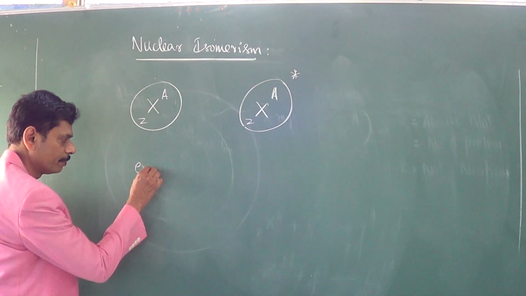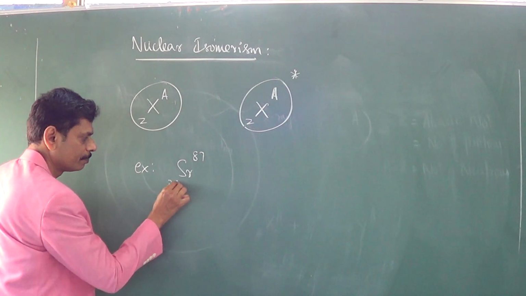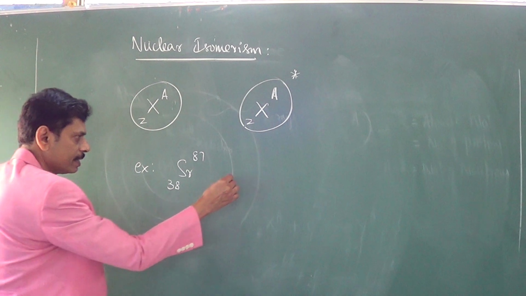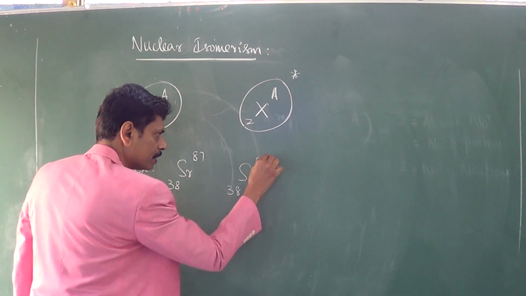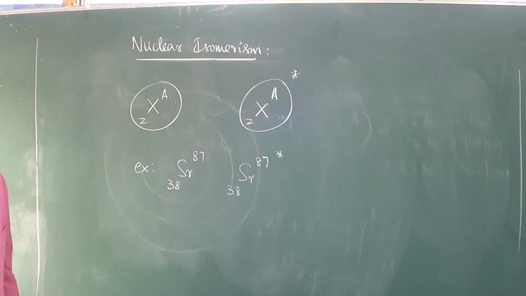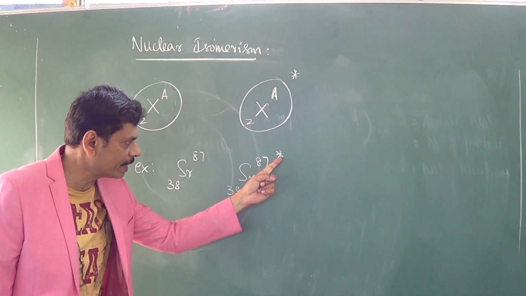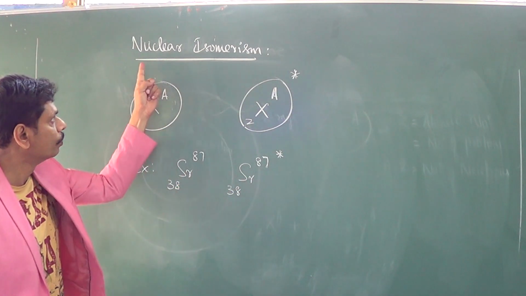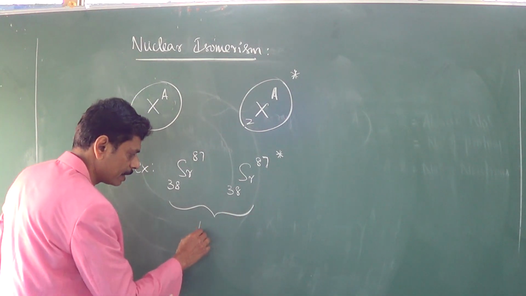As an example, if I want to quote strontium 87 38, one of the nuclei, another nucleus strontium 87 38 with a star mark here. The star mark represents that it is having an extra internal energy. Due to that extra internal energy, the two nuclei are said to be nuclear isomers.